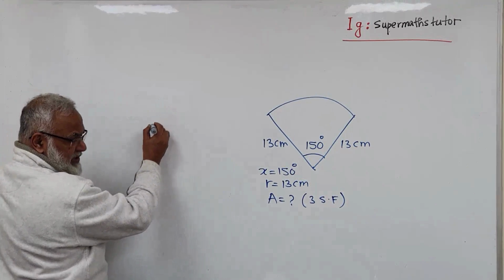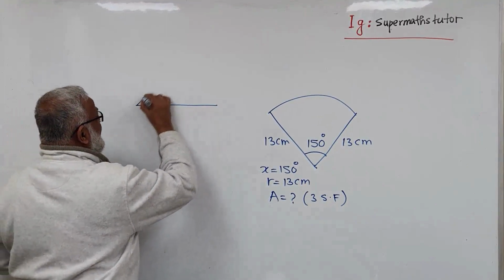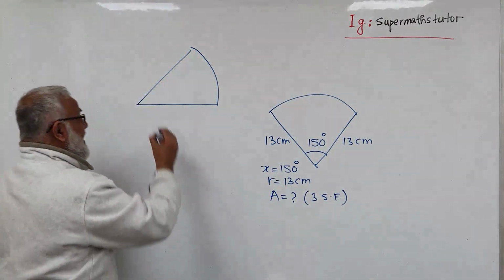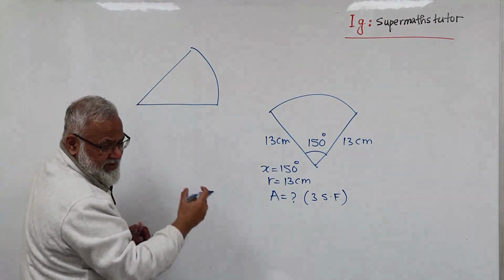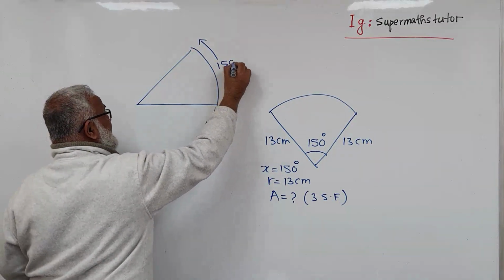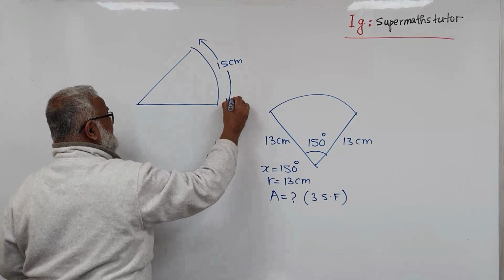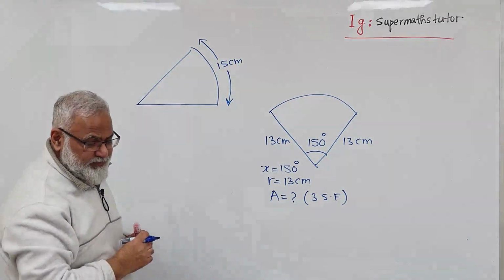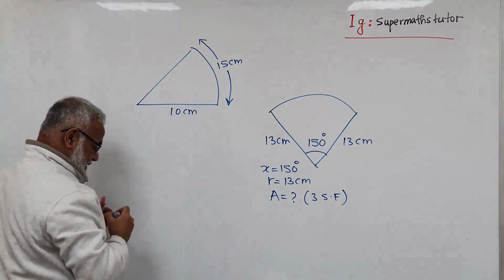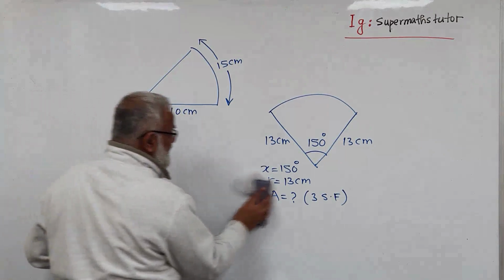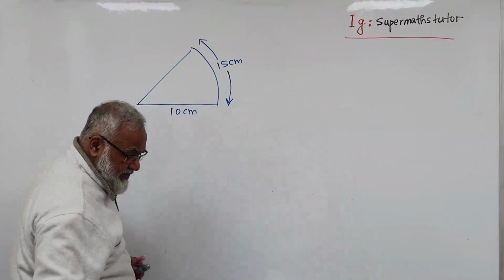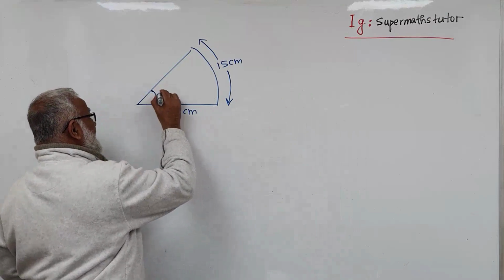This is another sector, minor sector, and this time the length of the arc is 15 centimeter. All right, and the radius is 10 centimeter. The question is, find the angle. So I will assume my angle is x.